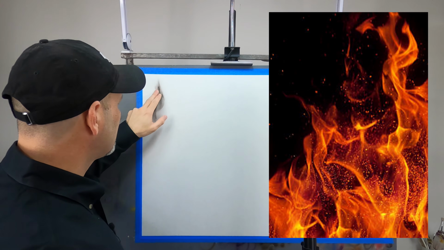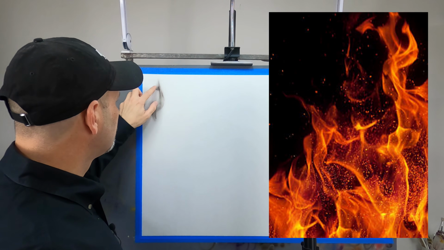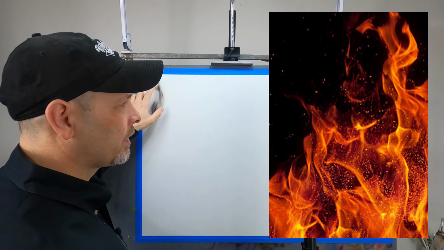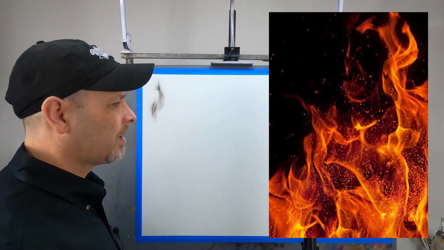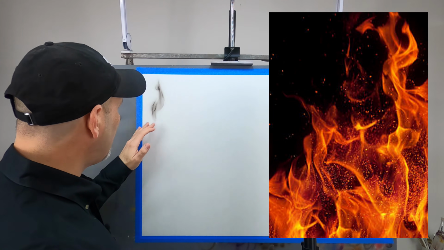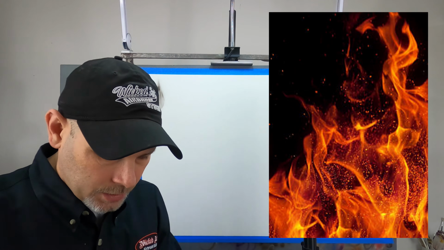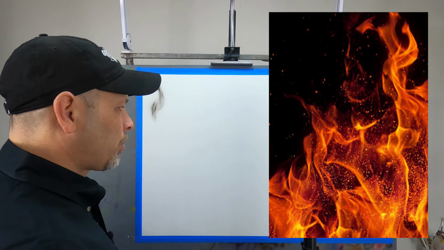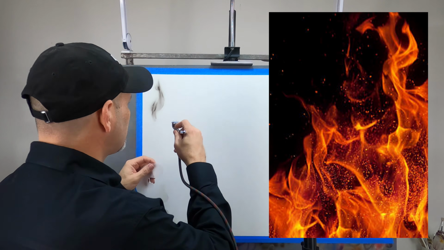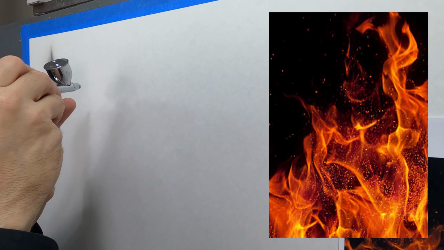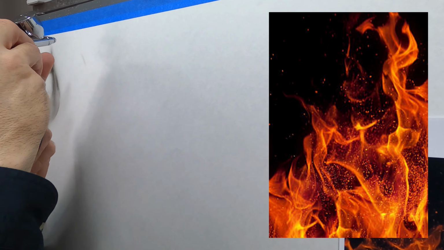For example, I don't necessarily like that little hot burning ember at the very tip of it. I would probably omit that. And if I wanted to change the shape some, I could do that as well. So I would probably rather do something with a little bit sharper tip.